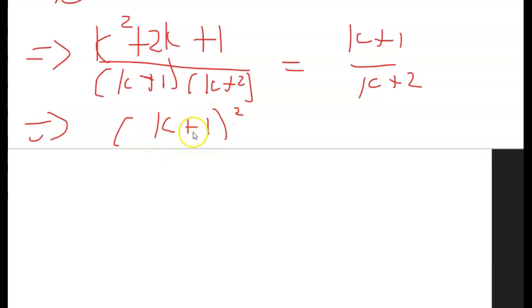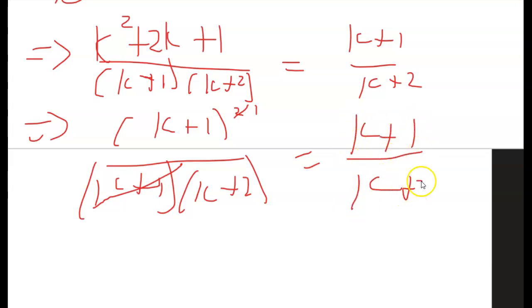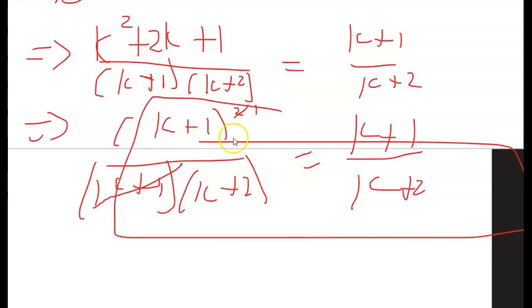Yes, because k squared plus 2k plus 1 is the binomial square, over k plus 1 times k plus 2. Now what's happening over here? One k plus 1 will cancel out, right? So you have k plus 1 over k plus 2, which is equal to k plus 1 over k plus 2. This and this are the same. So you prove that the left side is equal to the right side.